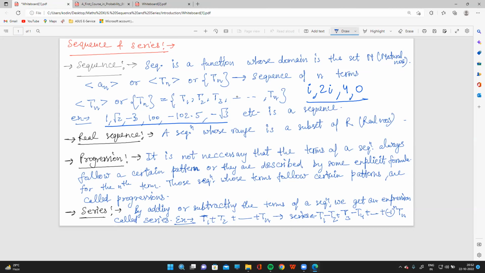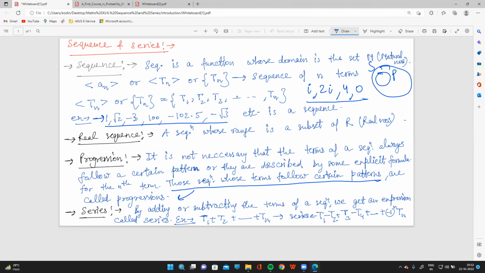Now, what is a progression? It is not necessary that the terms of a sequence always follow a certain pattern, or that they are described by some explicit formula. So basically, we want to tell you that it will not always be the case in a sequence that there is no pattern between the terms. Like we showed you, this is a sequence, no pattern is formed, right? But sequences whose terms follow certain patterns, we can call those sequences progressions. So there are many sequences, but within them only some will be progressions. This is the sequence, the outer one, this is the progression.